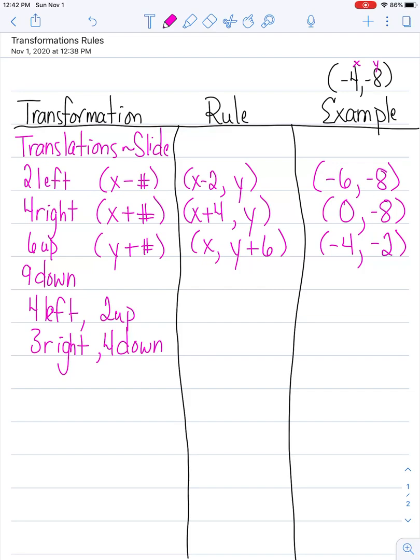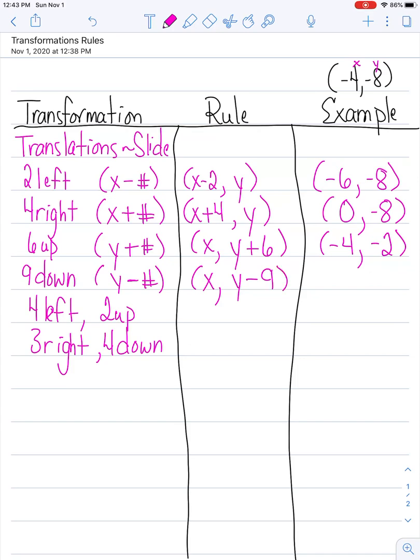Now let's look if we go down 9. So remember, up and down, that's the y-axis, and down is negative. So I'm going to subtract something from my y. I didn't go left or right any, so I leave the x alone. Down 9 means y minus 9.